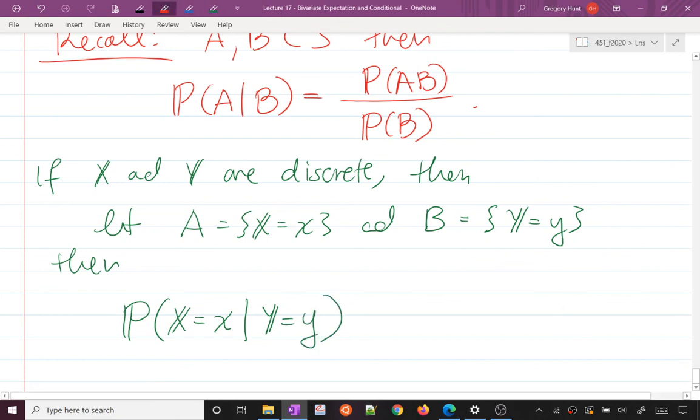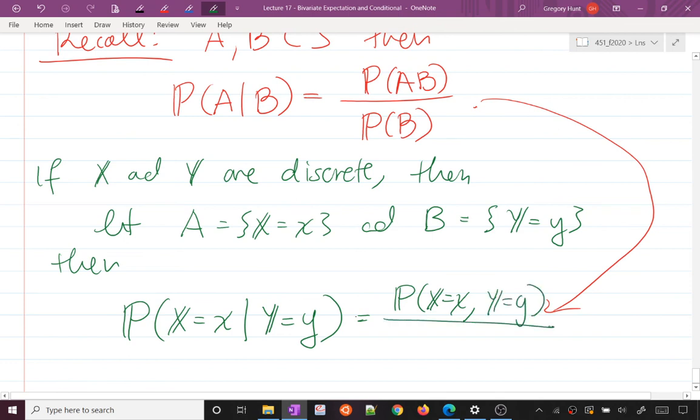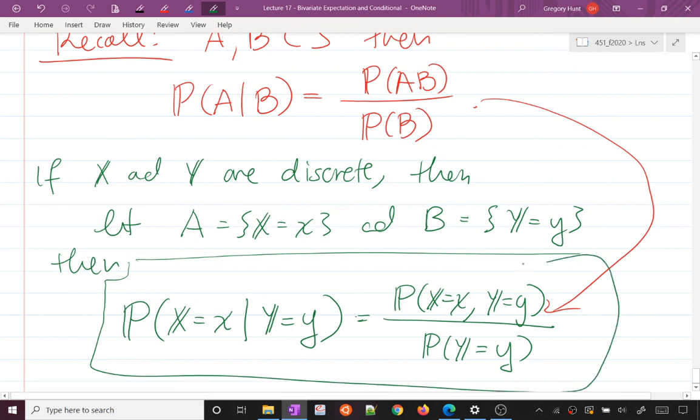Well, let's just apply this formula here, given our definitions of A and B. What it should be is the probability of x being little x and y being little y, over the probability of y being equal to little y. So that's just combining our very simple, basic definition of conditional probability, but now applying it to bivariate discrete random variables, right?